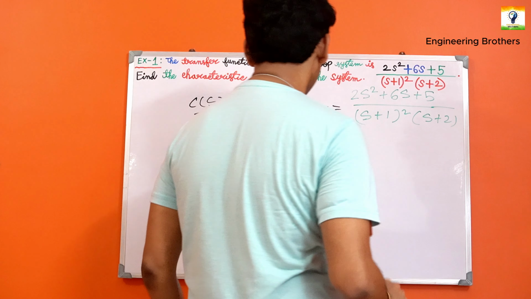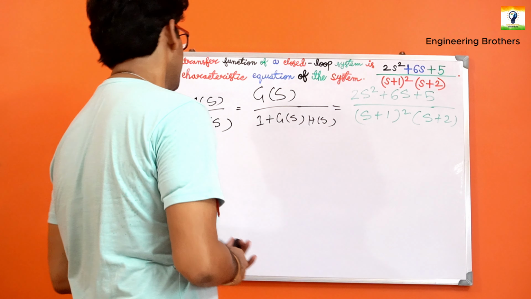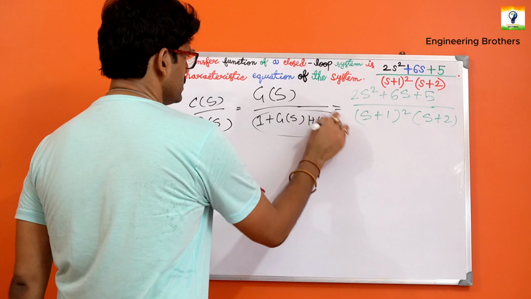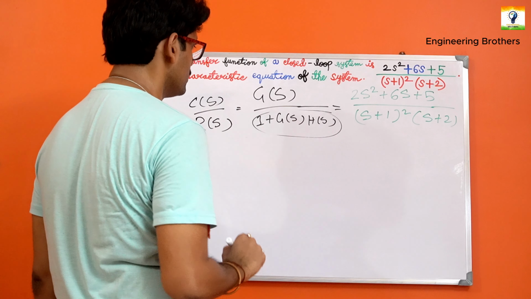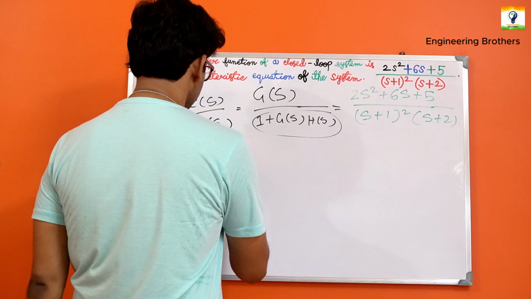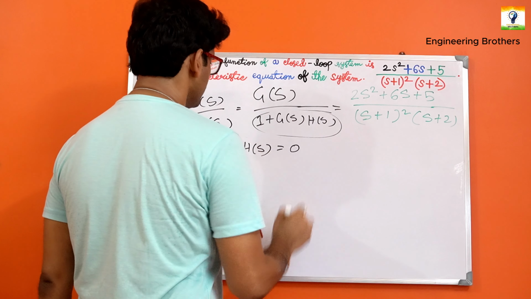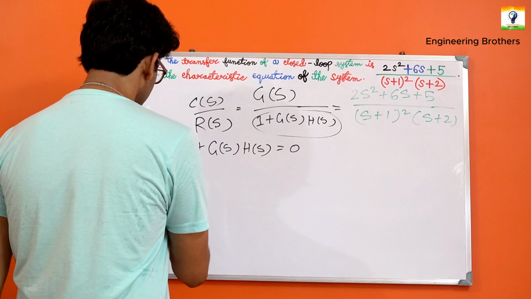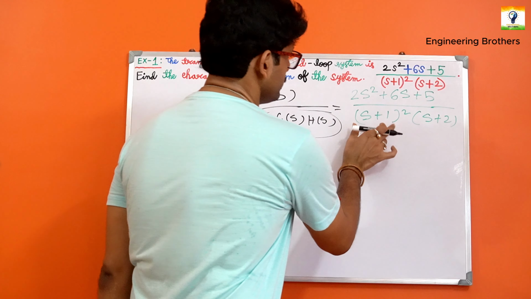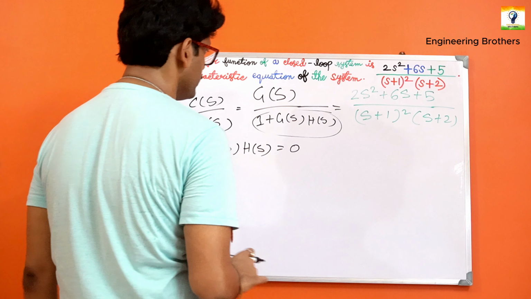And we know how to define the characteristic equation here. According to our formulation, the denominator of our ratio is equal to 0, that is quite naturally 1 plus G(s)H(s) equals 0. In this case, the multiplication of (s plus 1) squared and (s plus 2) will be equal to 0.